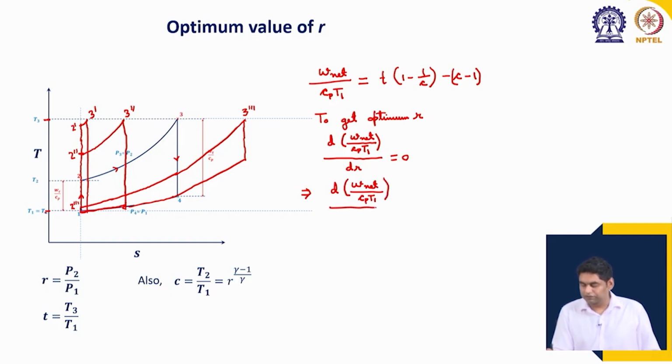And if we find the optimum value of C, we find the optimum value of R also. So, we can take d W net by CPT1 dC equal to 0.